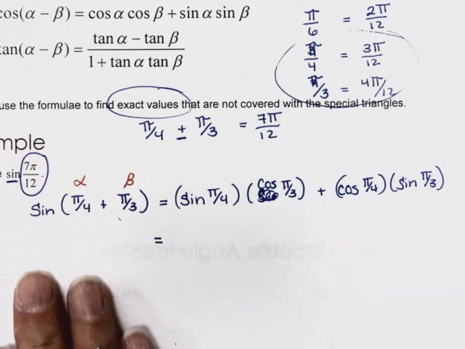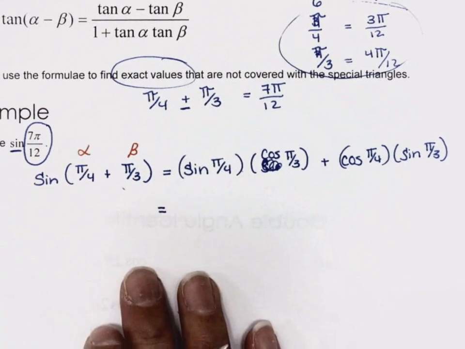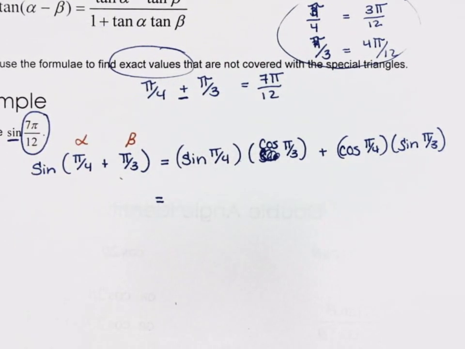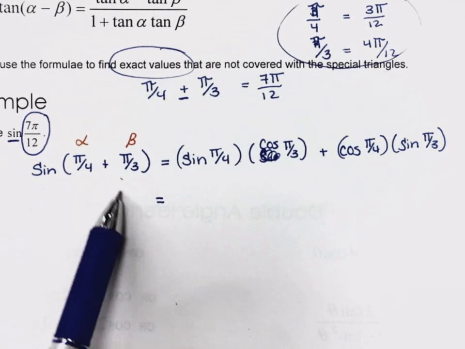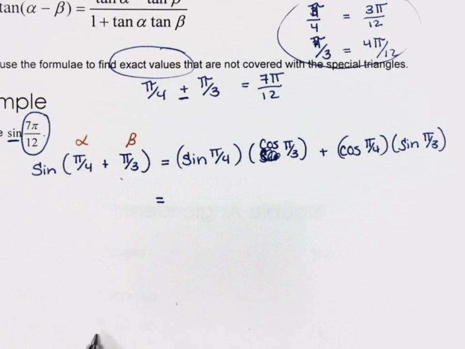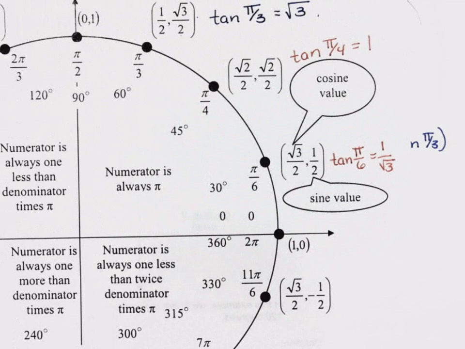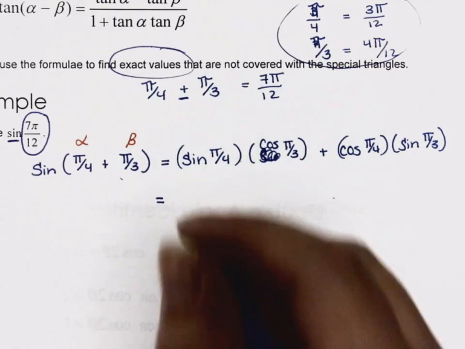I'm dropping this left-hand side now. I'm not even going to write it anymore. I still need to put my equal sign to indicate that it is an equation. I can't lose the equal sign, but I don't have to keep writing this because it doesn't change all the way down. Everybody with me so far here? Okay, so here we go. We are going to evaluate sine at pi over 4. Anybody? Root 2 over 2. Good job, everybody.